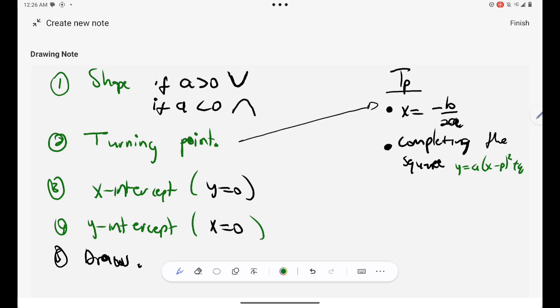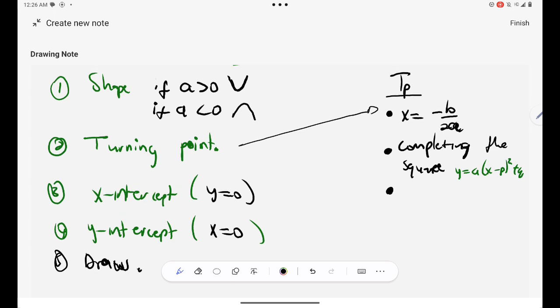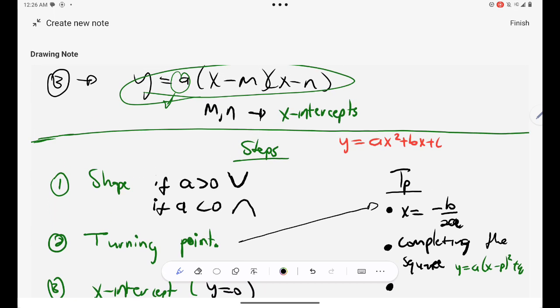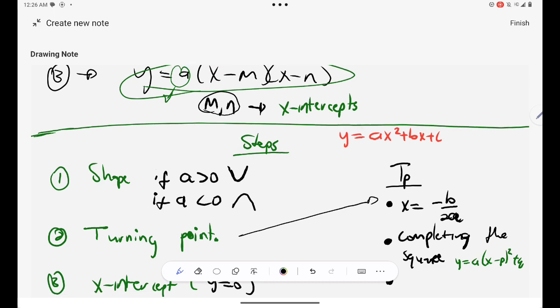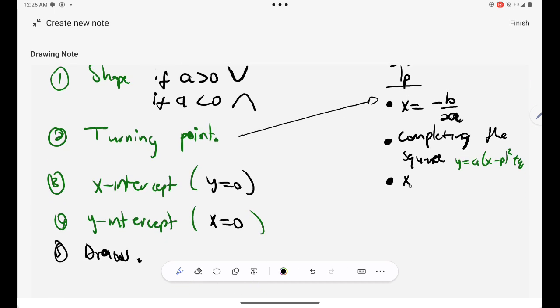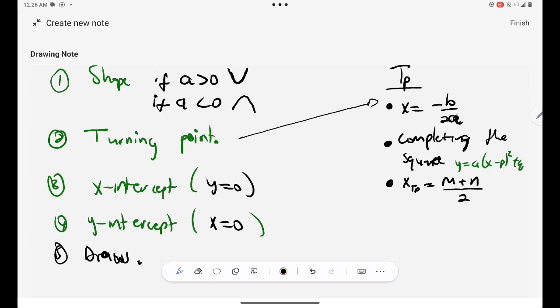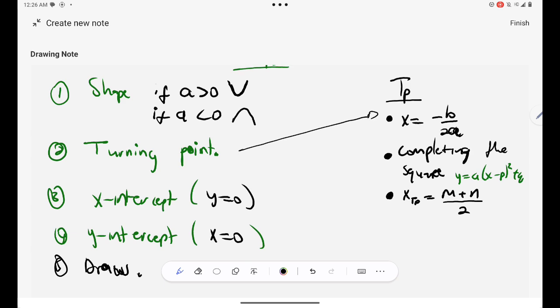And then the third one, you can just find the average of your x-intercepts. Né? Remember, I said earlier the m and n represent the x-intercepts. So you can just say the x value at turning point is equal to the average of the x-intercepts. Are you together? After finding the x, it is your duty to find the corresponding y value. That's the third way of doing it.